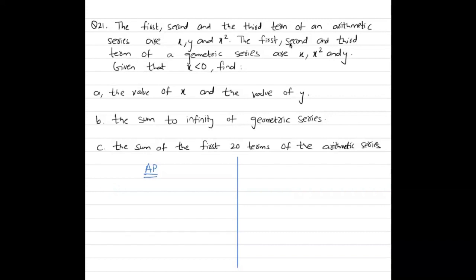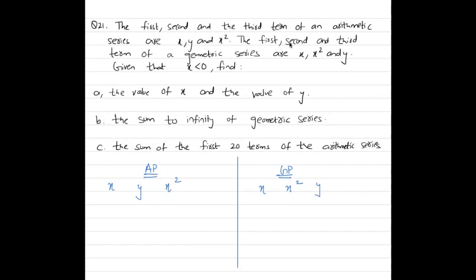Just a second. So they have given you three terms. They are saying that these are the first three terms of an arithmetic series. The first, second, and the third term of a geometric series are x, x squared, and y. Given that x is less than 0, find the value of x and the value of y.